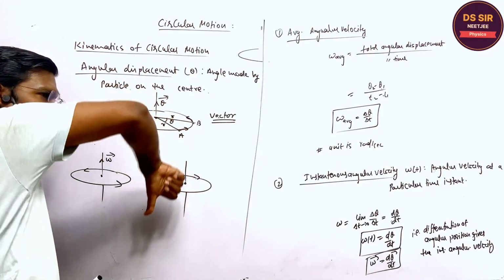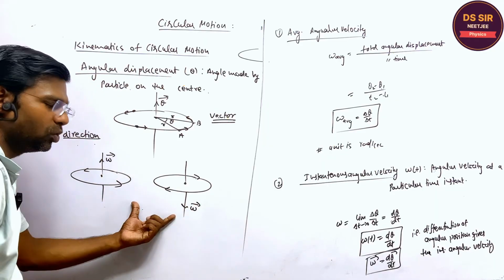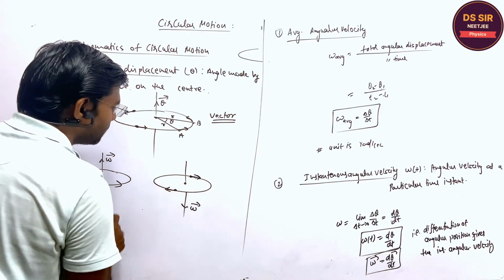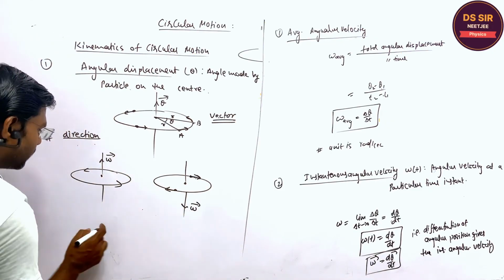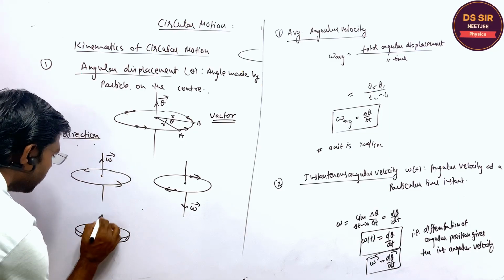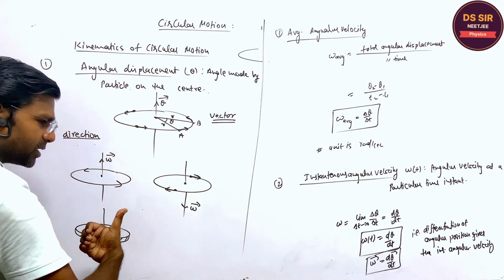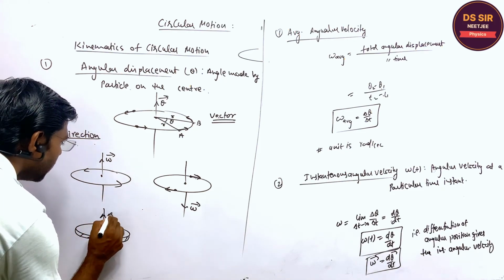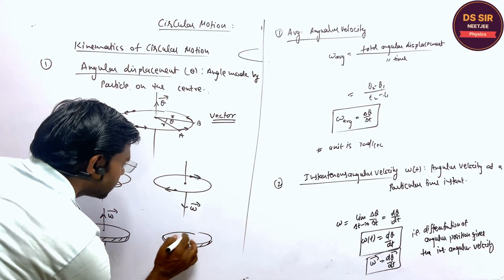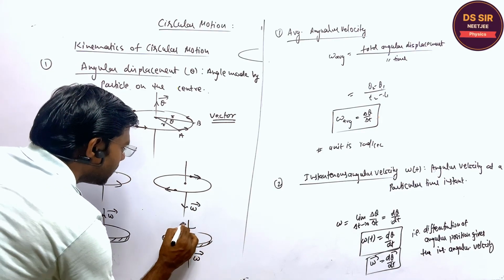Do you understand this or not? This is for a particle. Instead, if there is a disk or a fan in your room, a solid body, and it is rotating like this, this is the angular velocity of the disk. And if the disk is rotating like this, the angular velocity is in this direction.